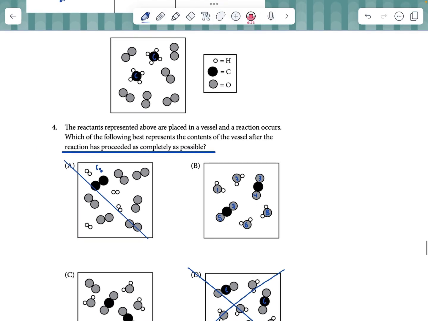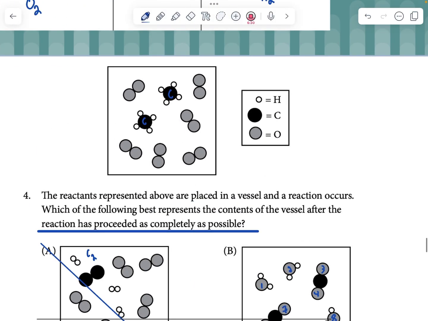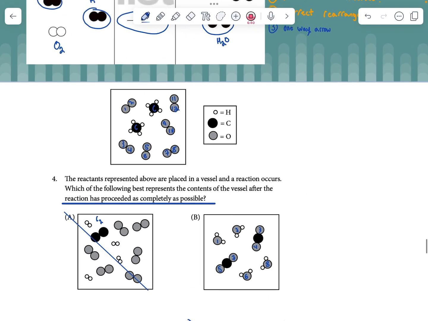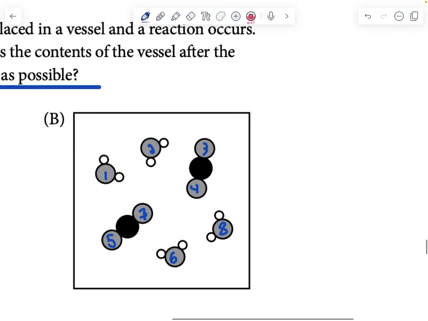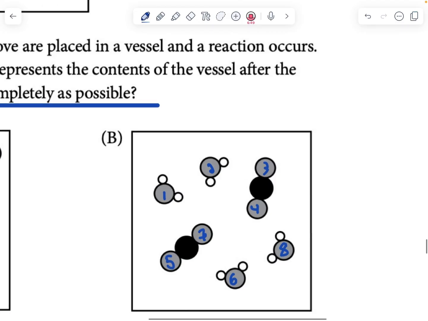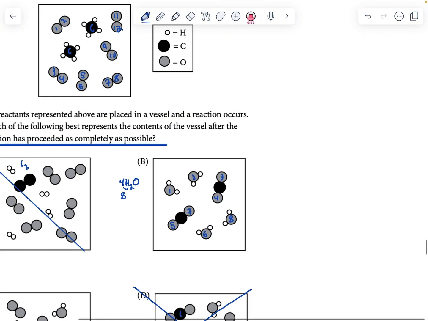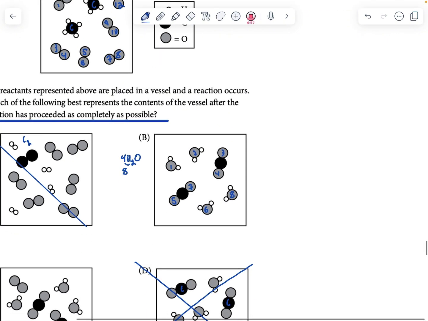So we have 8 oxygens on this, and we have 1, 2, 3, 4, 5, 6, 7, 8, 9, 10, 11, 12 oxygens there. So the amount of water molecules are correct, right? Because we only have 8 hydrogens, so we can only make 4 water molecules because 4 H2O is going to have these 8 hydrogens. But we are going to have an extra of O2, and that's not represented here.